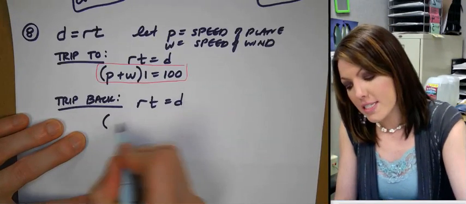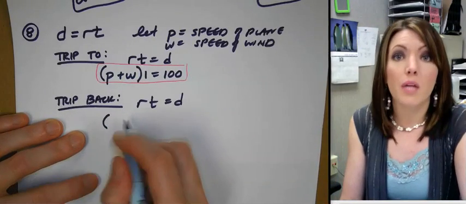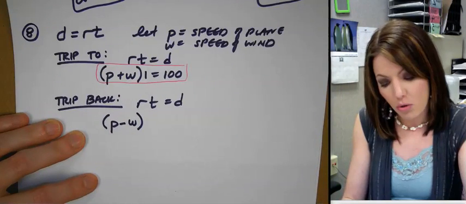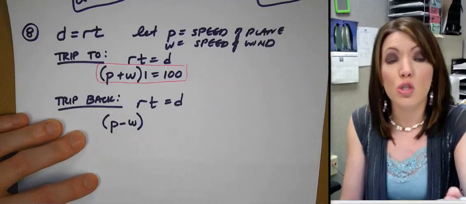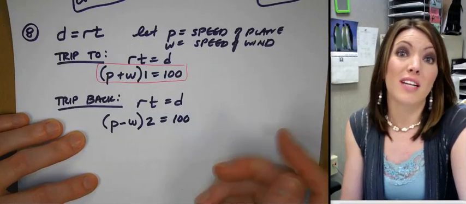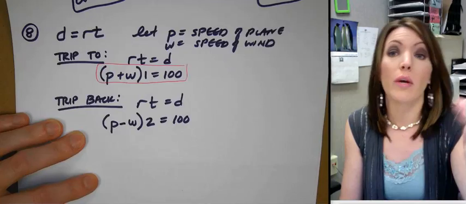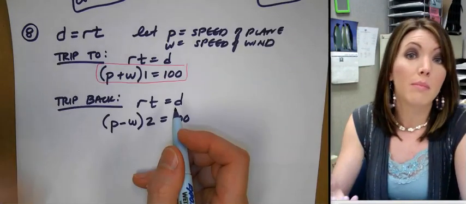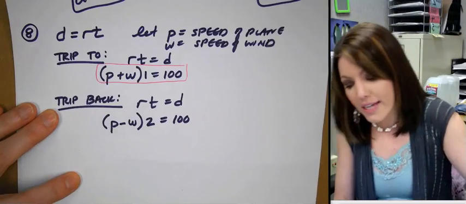So we can say that the rate of speed coming back is P minus W. It tells us in the problem that this particular trip took 2 hours, and the distance doesn't change going to and from. You're still going the same distance, even though the speed might change. So that's the second equation.